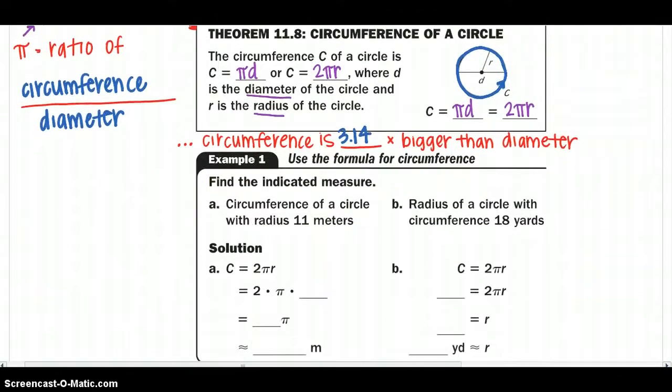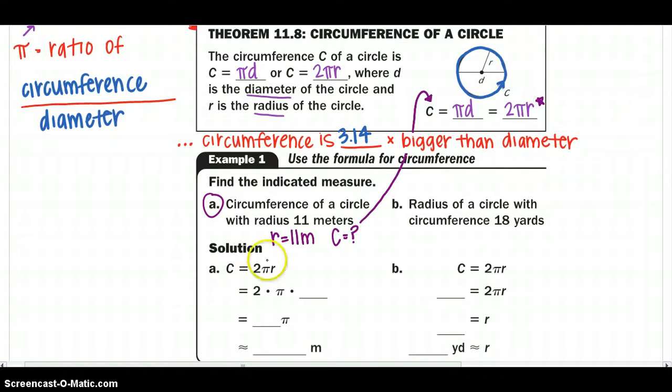So using one or the other of those equations, we want to find the indicated measure. If you would like to draw a diagram, you may. A tells us to find the circumference of a circle if the radius is 11 meters. So we want to find C. Looking at these two equations above, it would be the smartest to use the second because we have our radius.